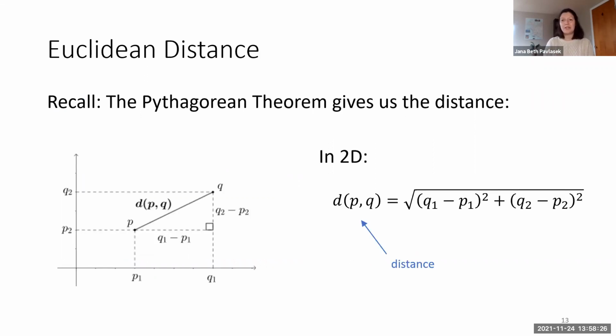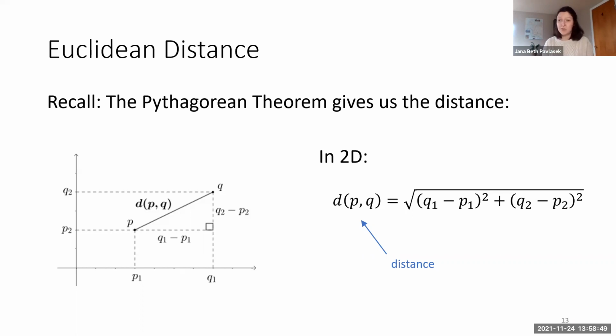If we recall, when we did the Euclidean distance between 2 points or between 2 cells, we used the Pythagorean theorem to give us the distance. We basically just subtracted the x values and then the y values from each other. We took the difference in each dimension, squared them, summed them, and then took the square root.